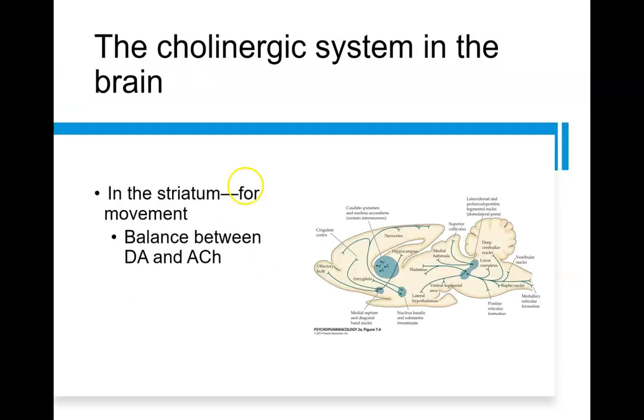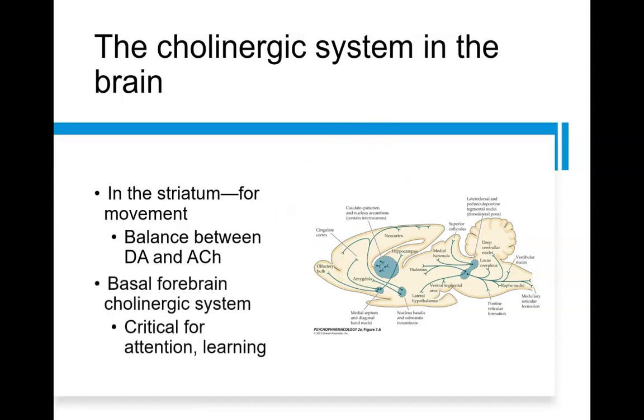So here's the cholinergic system in a rat brain. You can see that we have some areas like the striatum. This is going to be critical for movement, and the balance between dopamine and acetylcholine is going to be really critical here. We also have areas like the basal forebrain, which is going to be critical for attention and learning.